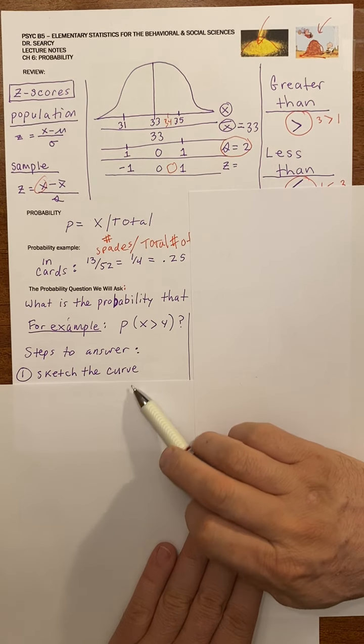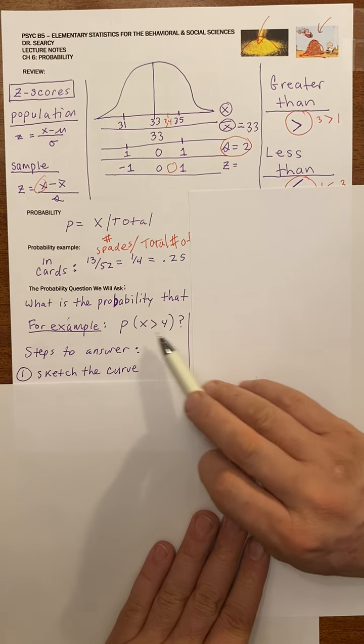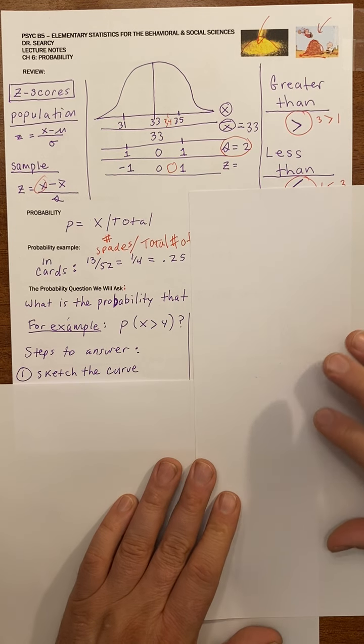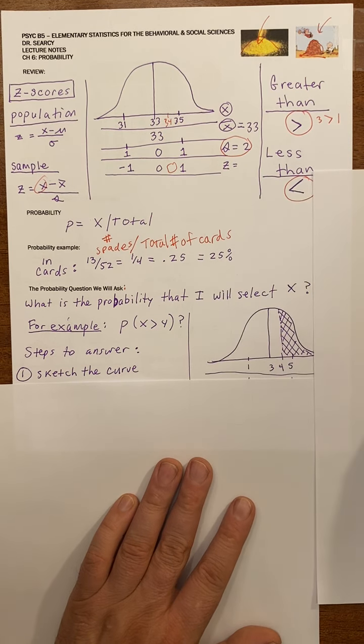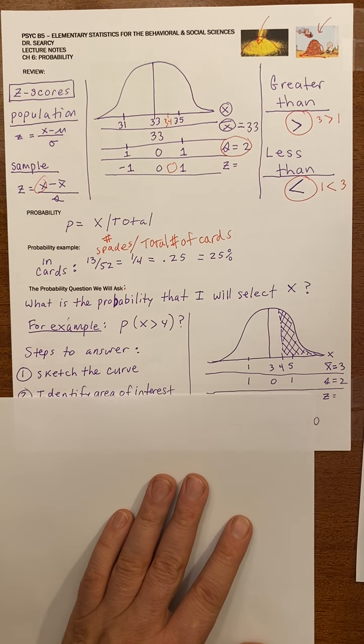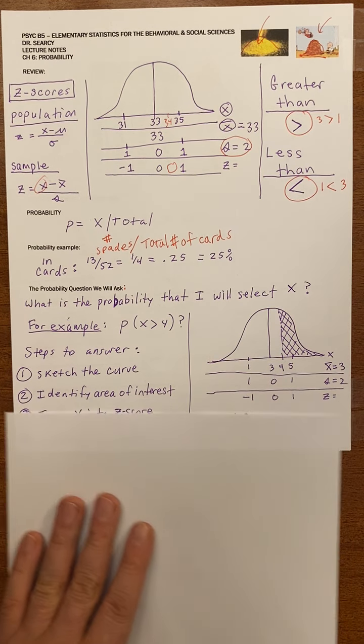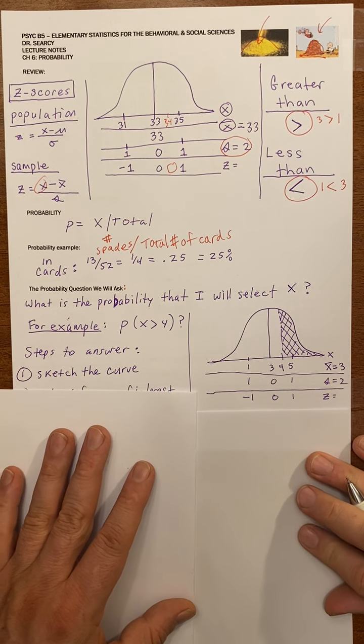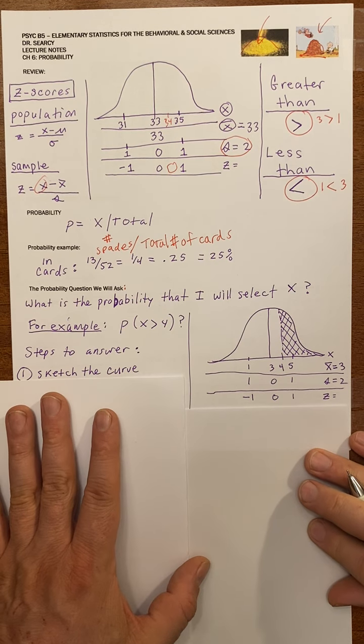You want to do this so that you get a visual idea of exactly what you're talking about. So in this example, we could say that the curve might look like this. Let me cover those other steps up real quick. Okay, so the curve may look like this.